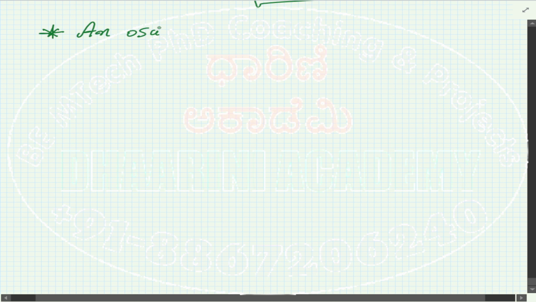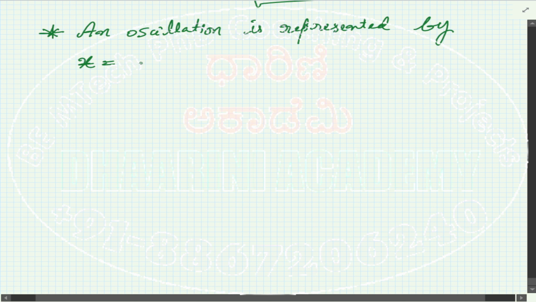And oscillation is represented by x equals 10 sine(pi t plus pi by 6).